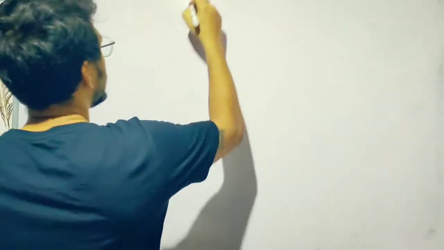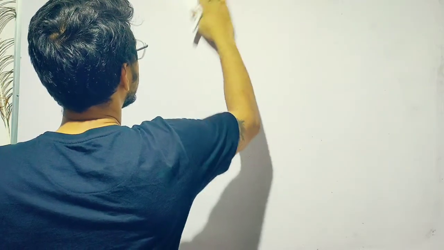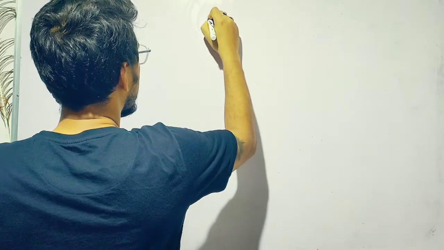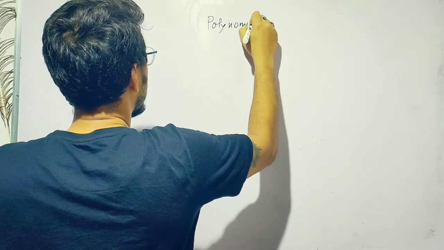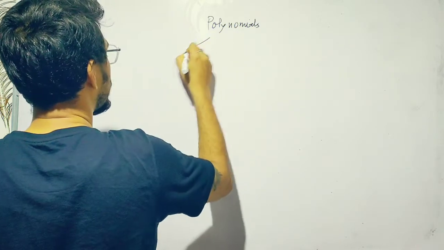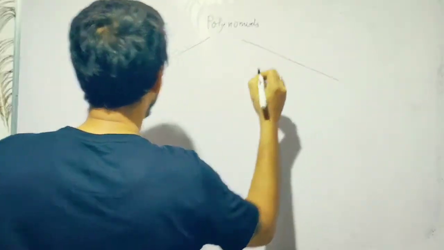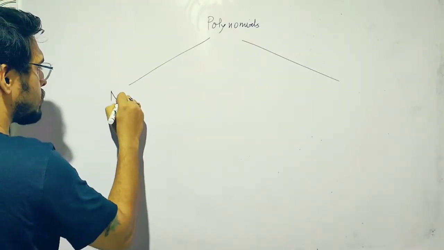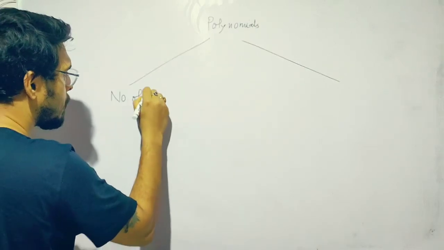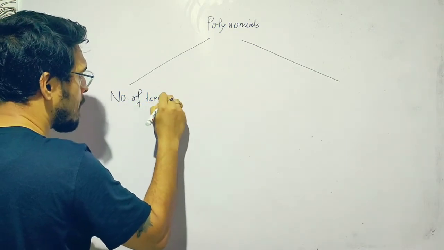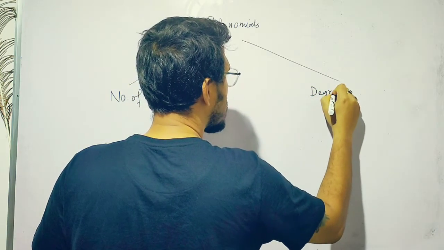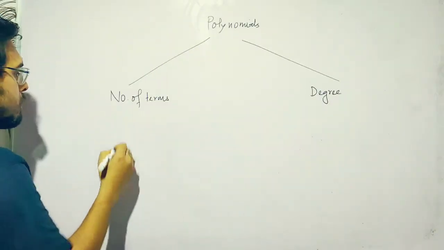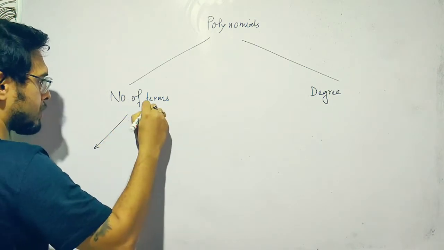So polynomials can be classified into two parts. First, based on the number of terms, and the other is based on degree. For the number of terms, there are again three classifications.